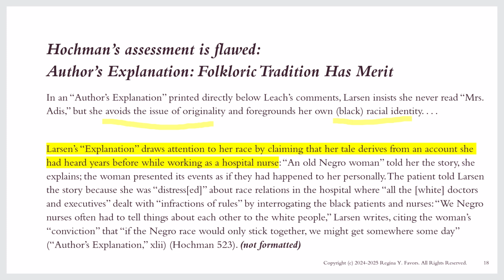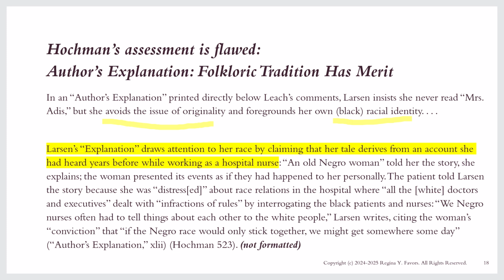Because she was around her Danish mother, and her Danish mother remarried another Dane, a Danish man. So the only time that she might have been exposed to black racial identity is when she went to Fisk University. And so, where did she get this information?